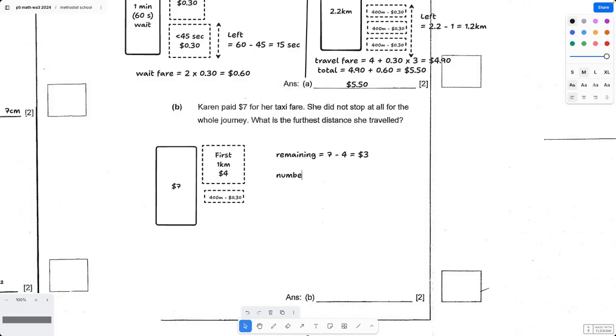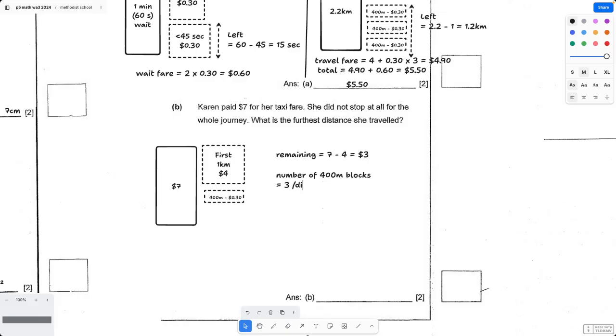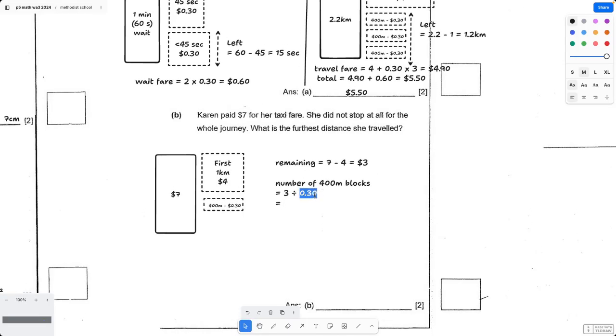So the number of 400-meter blocks is equal to dollars 3 divided by 0.30. Basically, how do you get from 0.30 to 3? It's essentially just 10, right? So the number of blocks is 10.